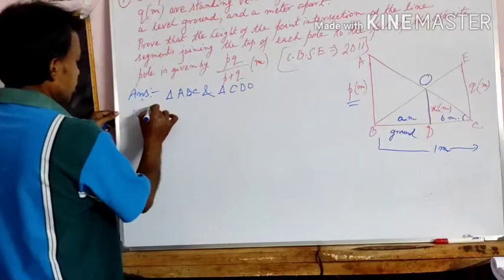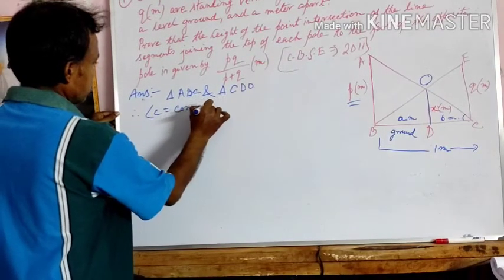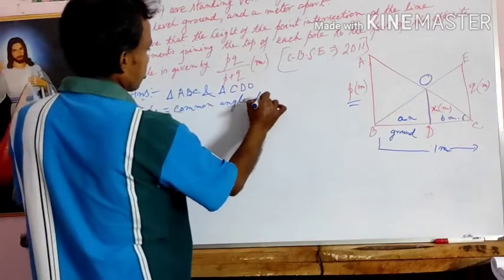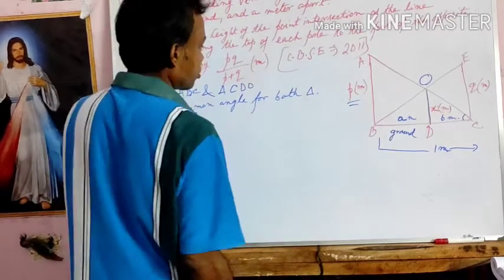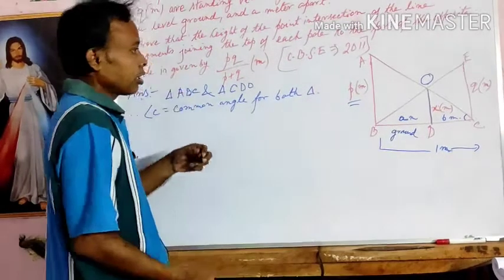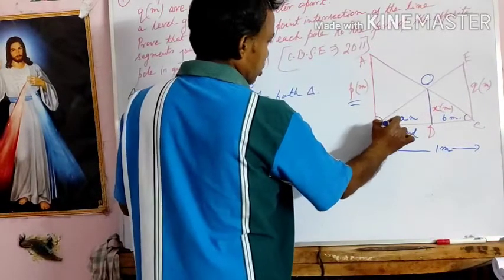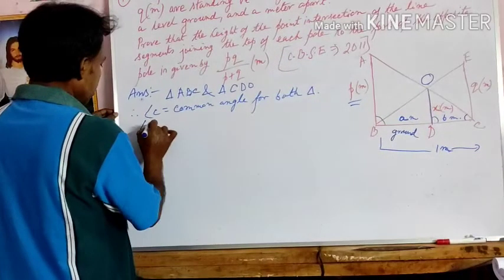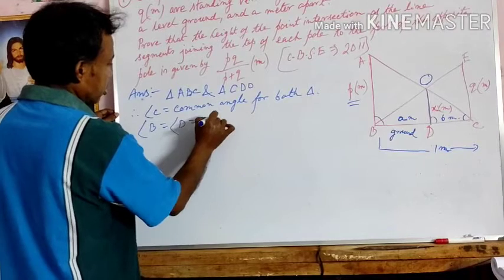Therefore, angle C is the common angle for both triangles, and angle B is equal to angle D is equal to 90 degrees.